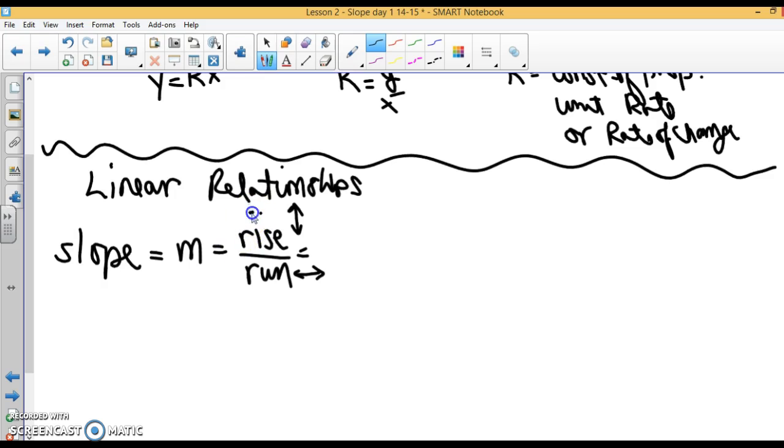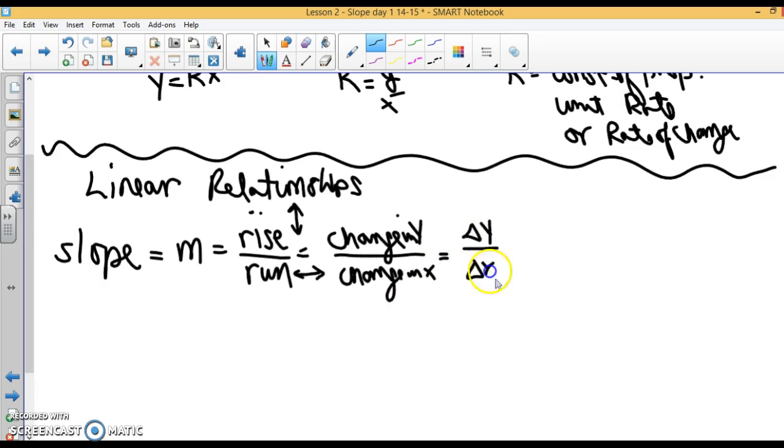Now, what we have dealt with already, rise can also be change in y over change in x. Think about it. Doesn't the y-axis go up and down? That's our rise. Our x-axis goes left and right. That's our run. Another way to denote that is delta y over delta x.